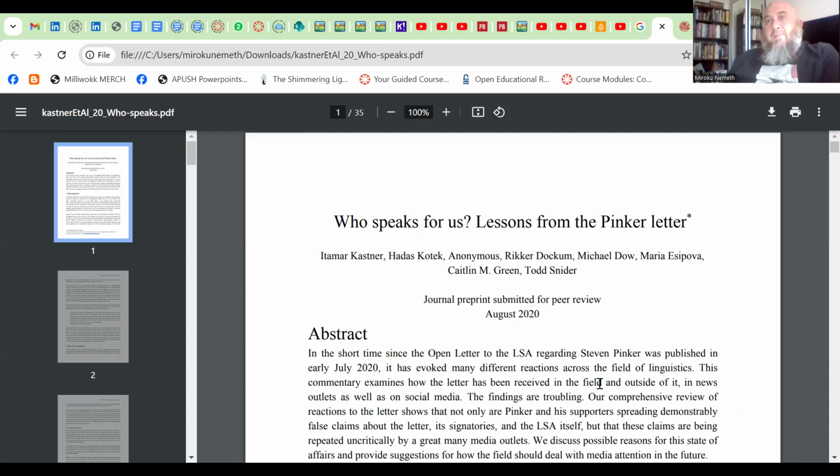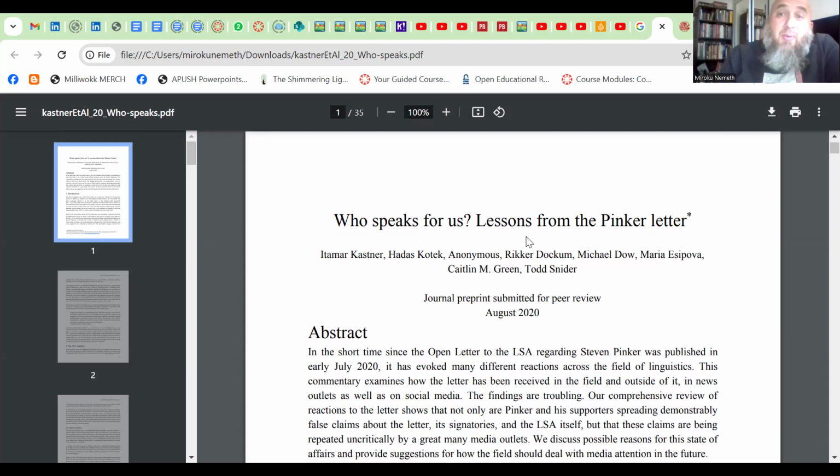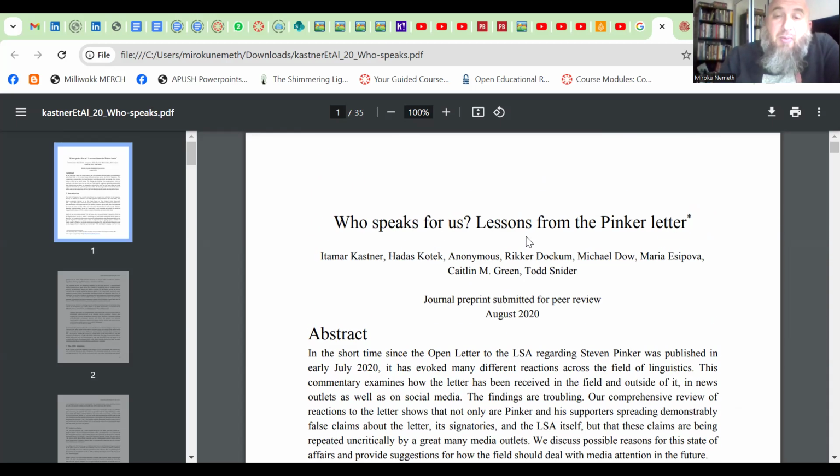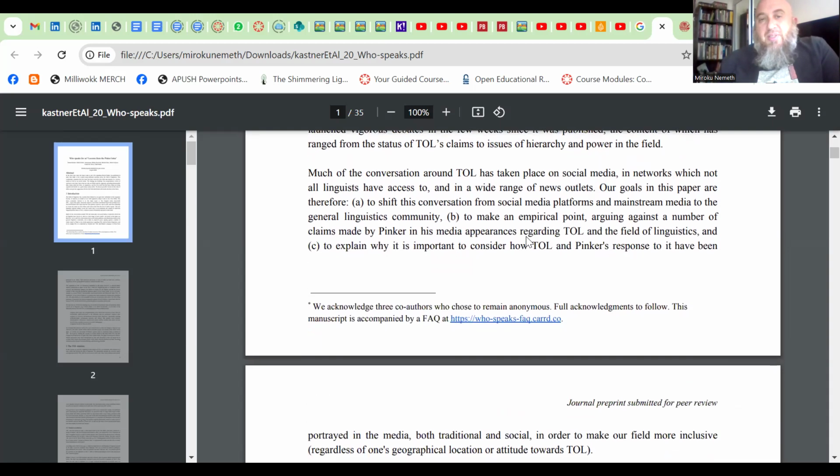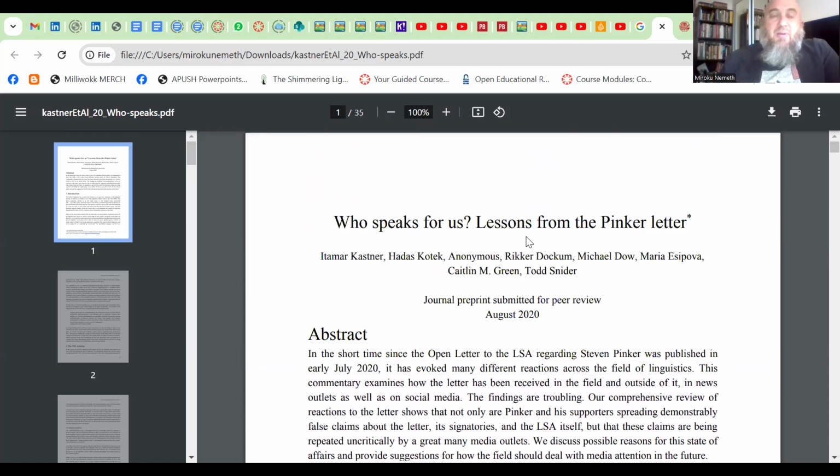And he has some other problematic things. There was a letter to the Linguistic Society of America where over 600 linguists signed it, saying you need to kick Steven Pinker out of the Linguistic Society of America for certain positions that he's taken in support of eugenics.